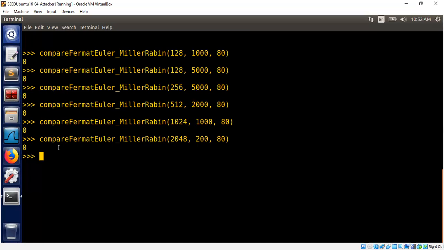Okay, there are algorithms that would construct pseudoprimes that will fool both these algorithms. That's something I will talk about later, but at this point, my main message is to convey to you that for random inputs, it's difficult to find inputs that are considered prime by one algorithm and composite by the other algorithm, or vice versa. It's not that easy.